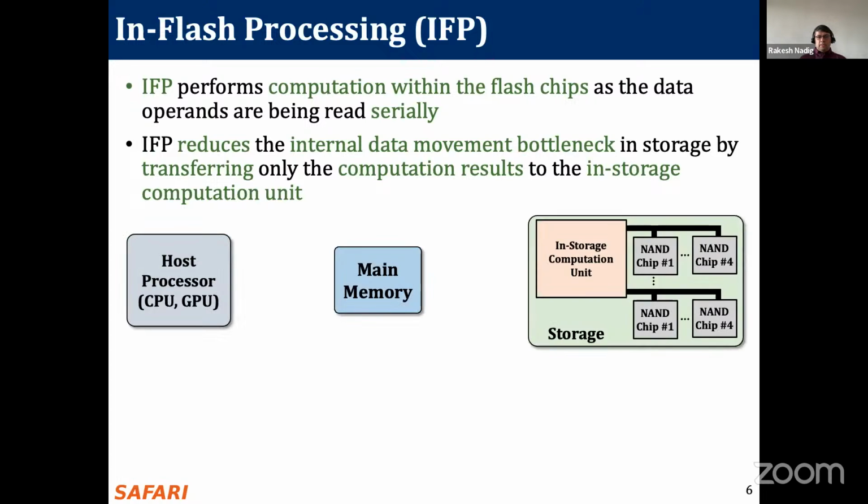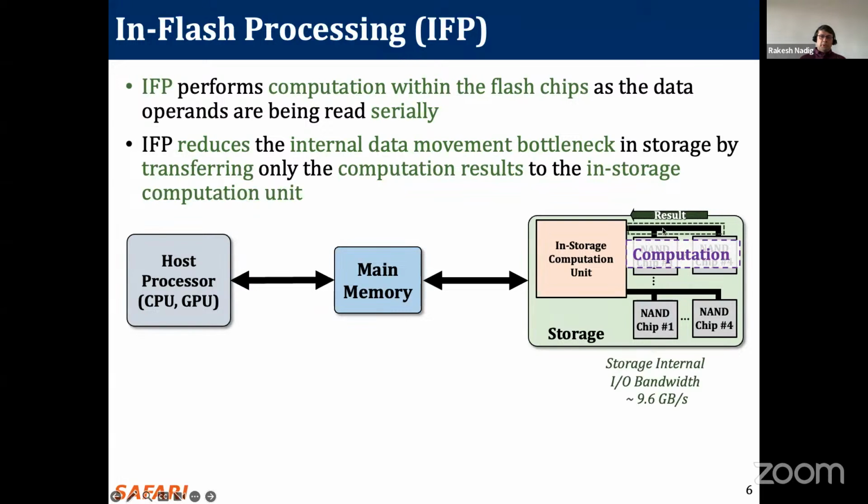So if we look at the same figure that we saw earlier, we perform the computation within the NAND flash chips, and then move only the result to the in-storage computation unit, and even to the host system.